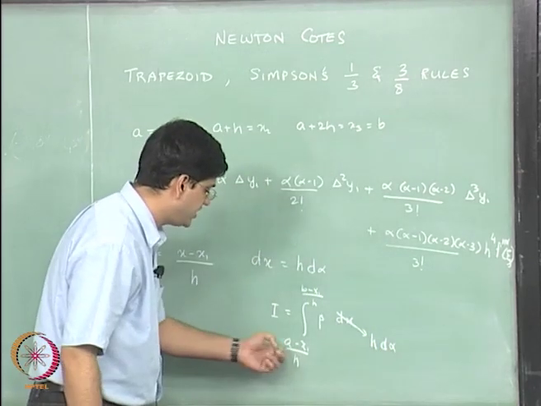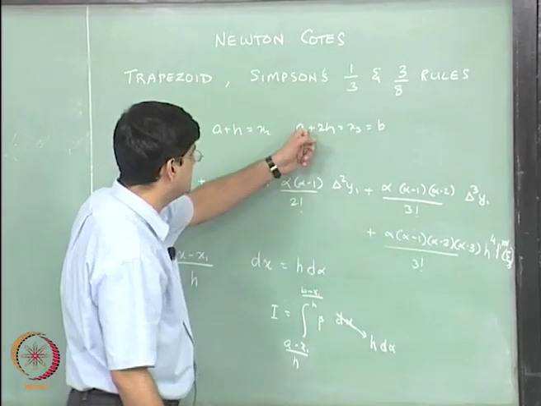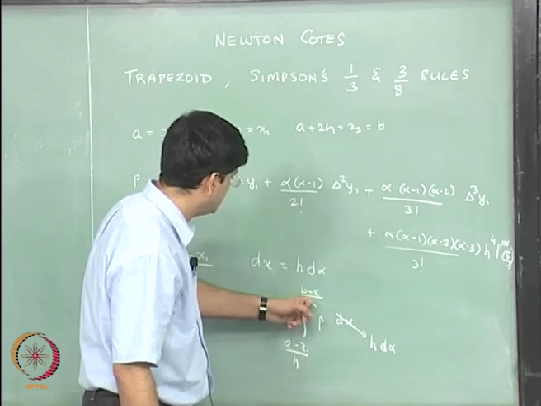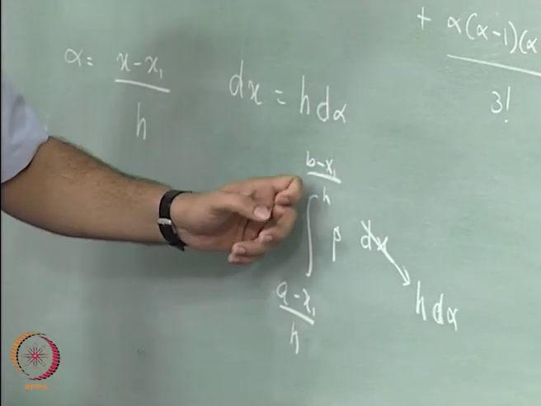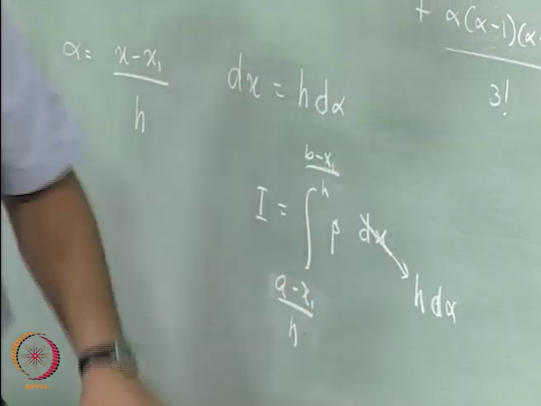So where a is nothing but our x1, this is 0, and b is a plus 2h, so that is a plus 2h minus a, which is divided by h, which is 2. So that is why we get 0 to 2 of p multiplied by h d alpha.